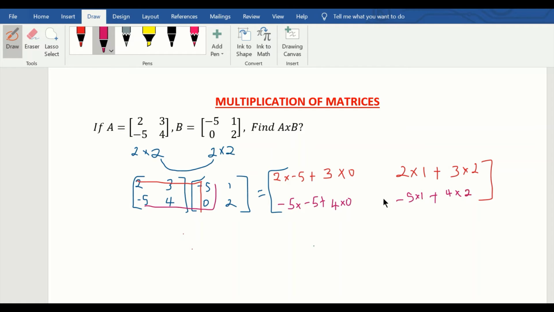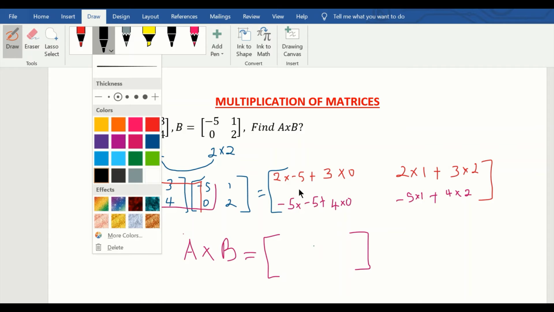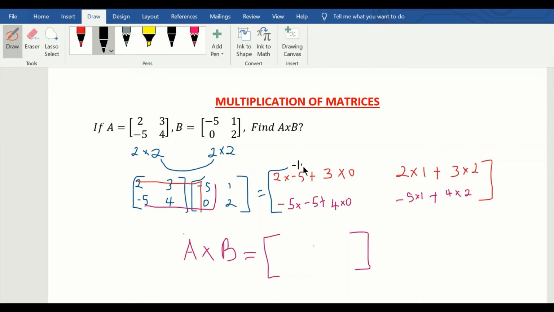So now we have to add to get a matrix. So therefore we can say that matrix A times matrix B will give us, open my square brackets, 2 times minus 5 will give us minus 10 plus 3 times 0 is 0.